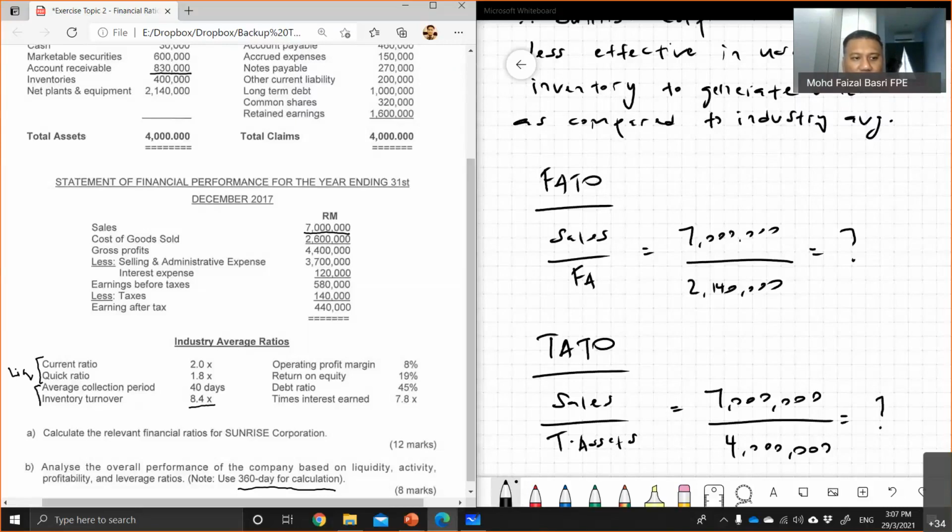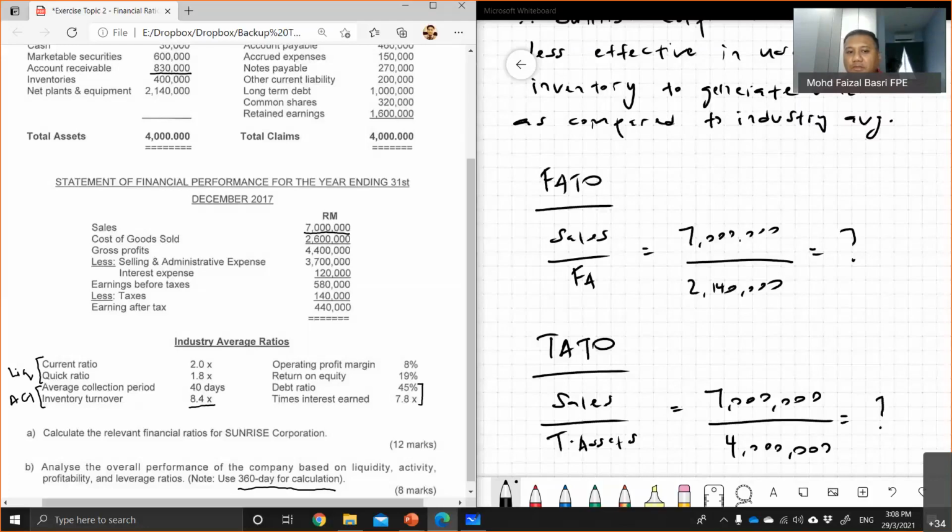These two are activity ratios. And last week's ratio, another category, we have debt to asset or debt ratio, and also times interest earned. So the pattern will be, if you see here, every category has a possibility of 2 questions only.